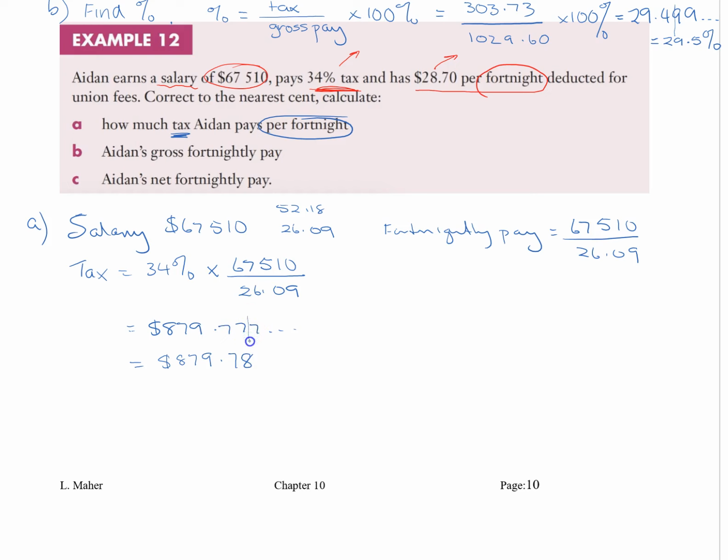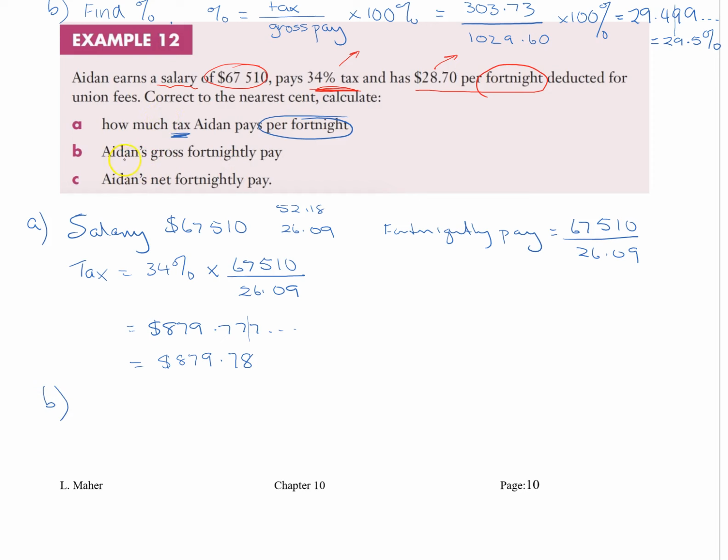Rounding that off to the nearest cent, the 7 is greater than 5, so we round this 7 to an 8. So Aidan pays in tax every fortnight $879.78.